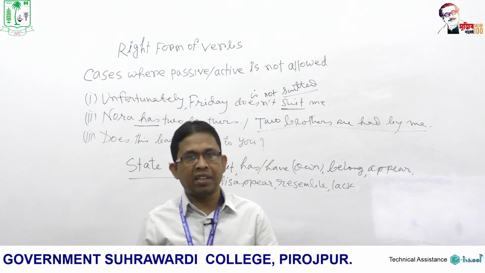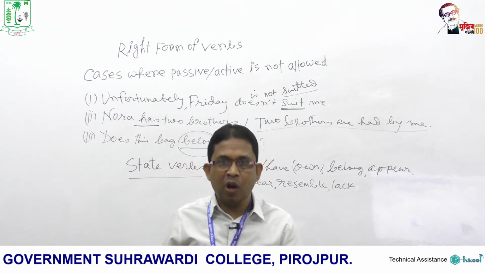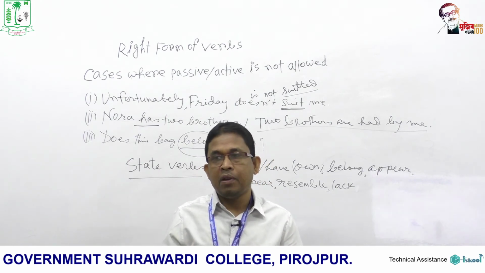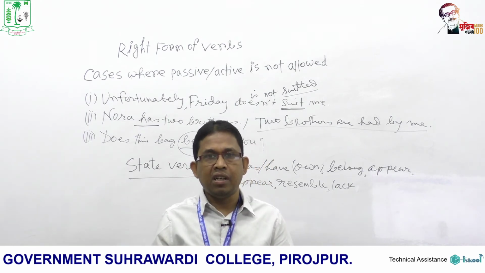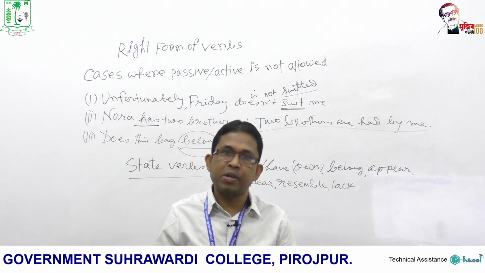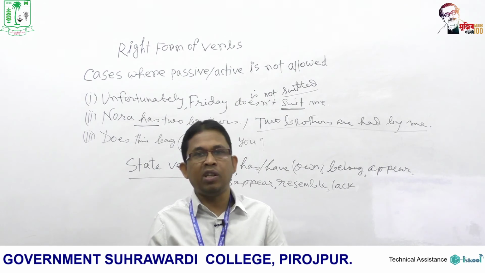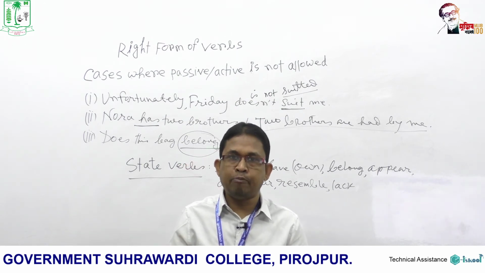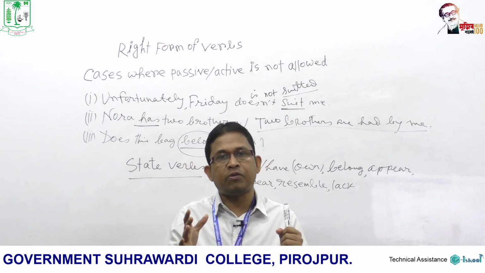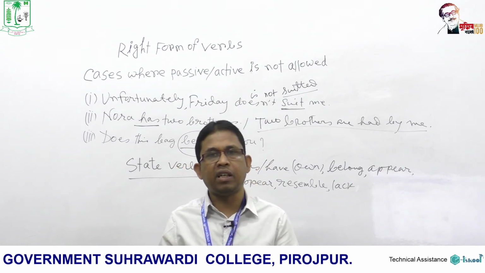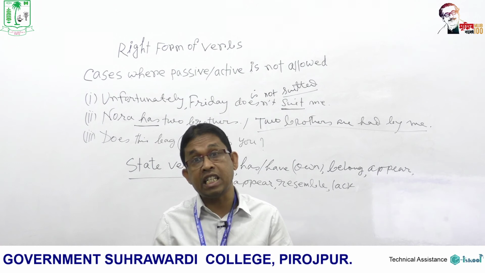And then we are going to discuss where active is not allowed, that is, where we are to use almost exclusively the passive, and I will discuss only one such case where active is not allowed.